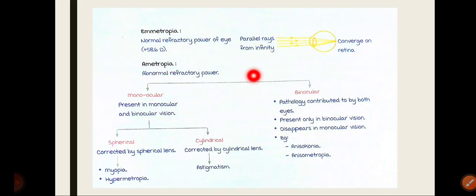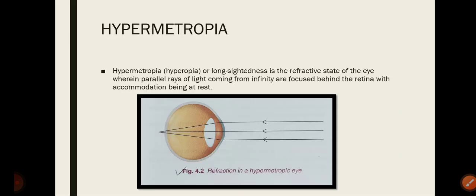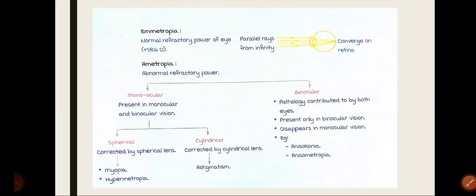It can be defined as a state of refraction where the parallel rays of light coming from infinity are focused at the sensitive layer of the retina, with accommodation at rest. This is how the rays from infinity, the parallel beams, converge on the retina and produce the sensation.